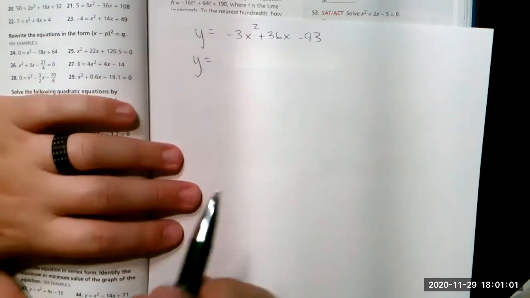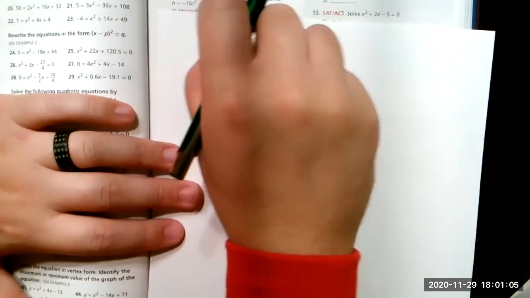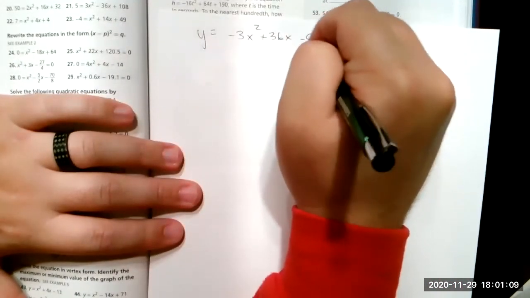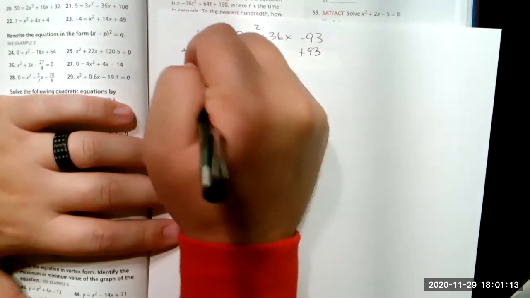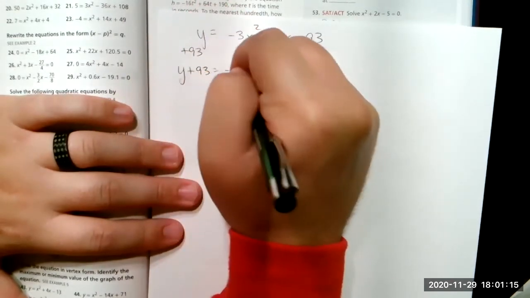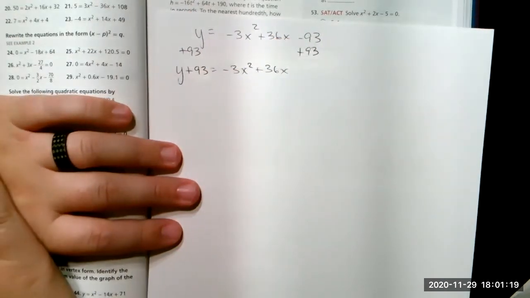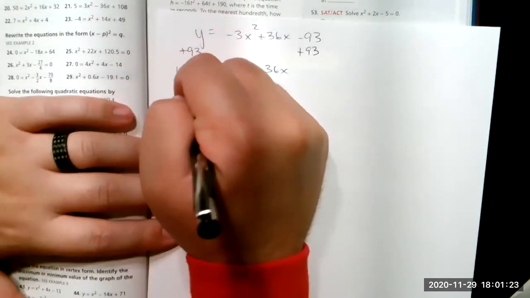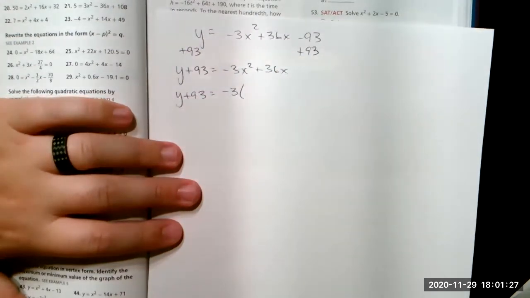So I think what I actually want to do first here is I'm going to go ahead and add 93 to both sides. So I get y plus 93 equals negative 3x squared plus 36x. Here's the point where I'm going to go ahead and GCF out that negative 3. So y plus 93 equals, take out the GCF of negative 3.